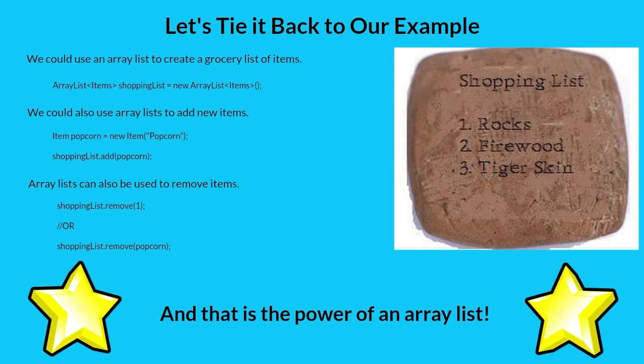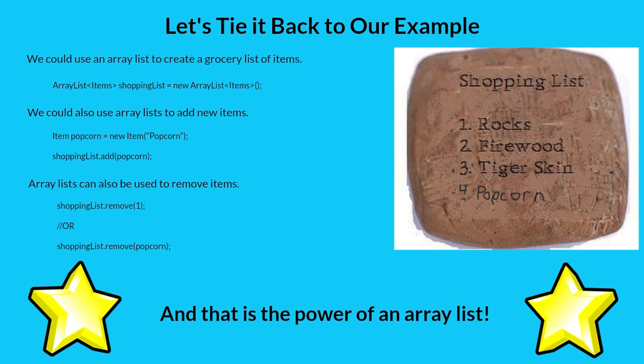For example, we could say Item popcorn = new Item(popcorn), and then say shoppingList.add(popcorn). What this does is add a new item called popcorn to our ArrayList. And so our ArrayList will not only contain rocks, firewood, and tiger skin, but it will also contain popcorn.